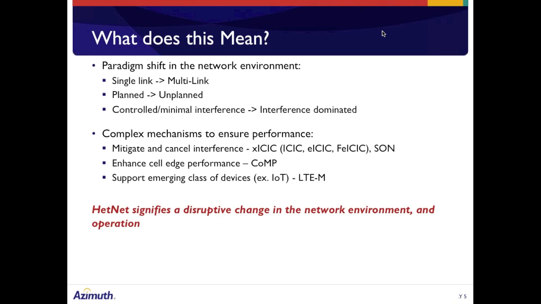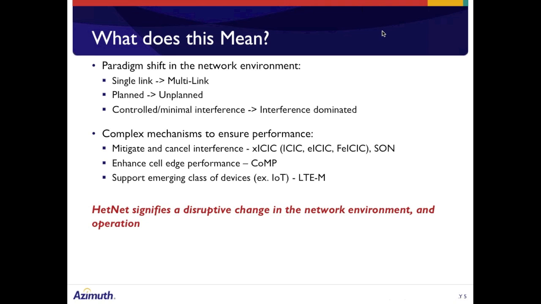And there have been a range of those efforts that went through the 3GPP. There's CoMP, where we try to get better cell edge performance by having coordinated transmission among geographically separated base stations. We're not going to talk about that so much today.